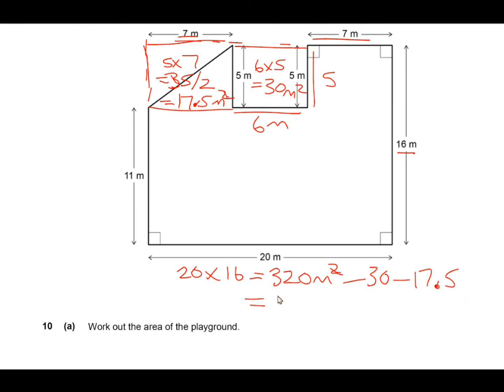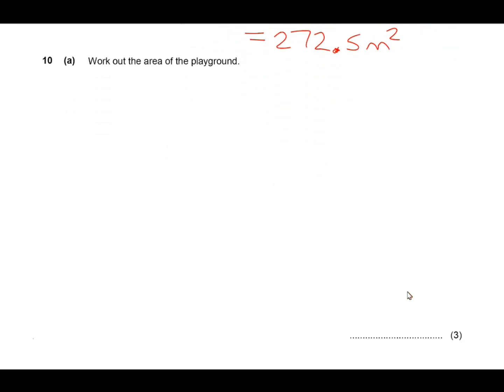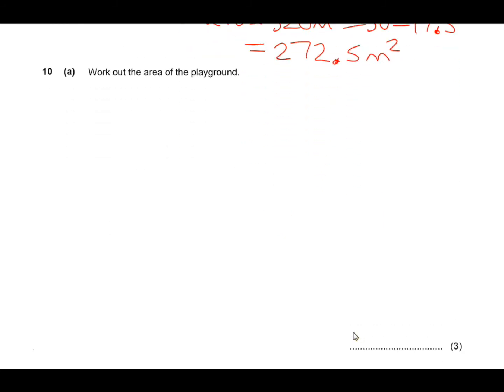And that leaves us with the area of the playground as 272.5. It's meters and its area, it's squared. So on the answer line, 272.5 meters squared.